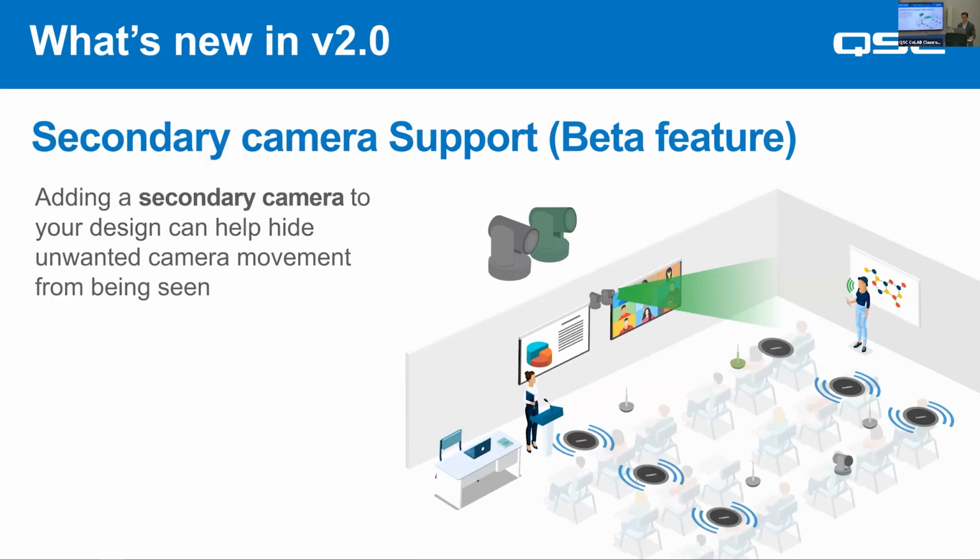The last feature is the addition of support for secondary cameras. We're in a high value space right now where we want to make sure that all hundreds of you on this call may or may not want to see the shift and the swivel of that PTZ camera when it's moving from one zone to another.